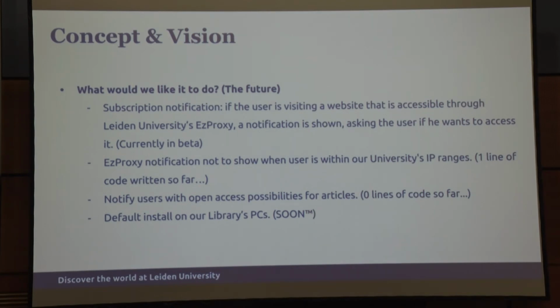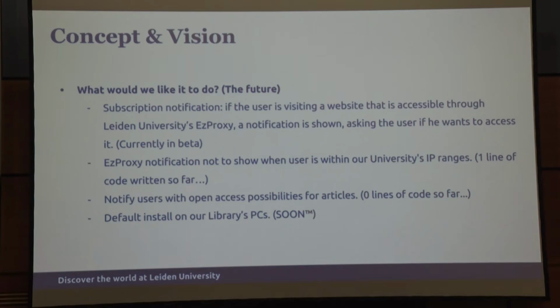Well, again, we're addicted to the development of this plugin, so we would like it to do a little bit more. I mentioned the subscription notification, meaning that if a user goes on Science Direct or on one of our resources that is included in our EasyProxy config txt, we would like to notify him that he has access to some or all the content on that specific website.